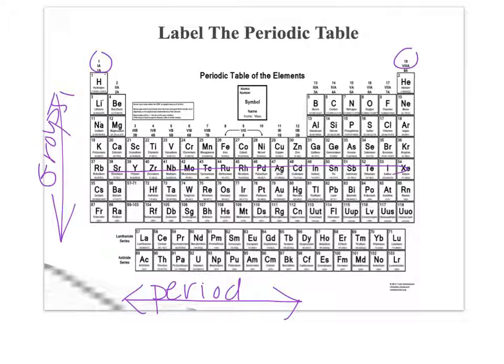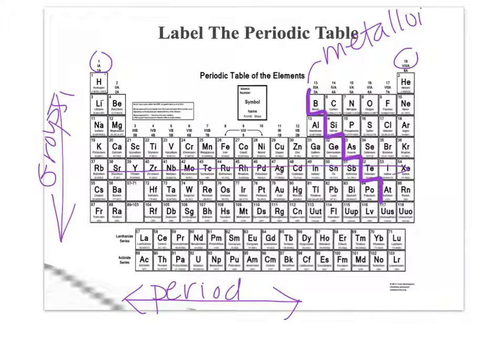All right, so the next thing we want to look at is where are the metals, where are the nonmetals, and where are the metalloids. The best way to do this, and some periodic tables will have these on there and some won't, so we are going to draw ours on there, and that is this zigzag line. If you start with boron, and notice I'm making it a little bit thicker so you can see it, and go down, everything that touches the zigzag line is a metalloid.